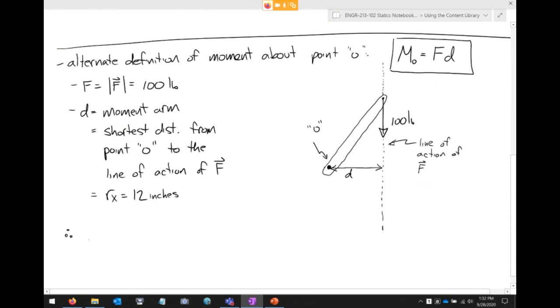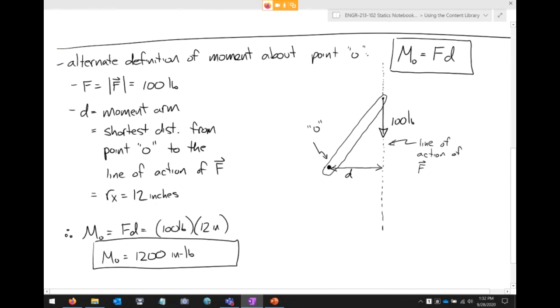So therefore, moment is force times distance, or force times moment arm, which is 1,200 inch-pounds.